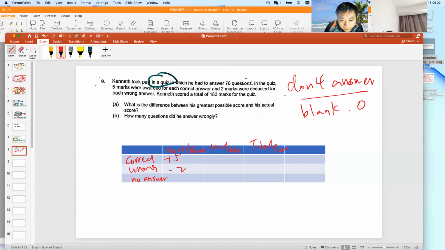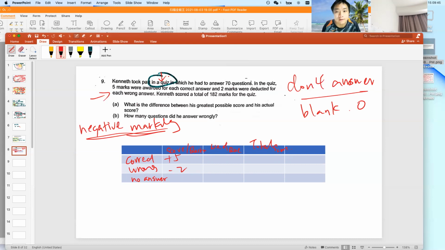But for this question, this is called negative marking. What I'm trying to say is, for this kind of question, this quiz, you will get negative marks.